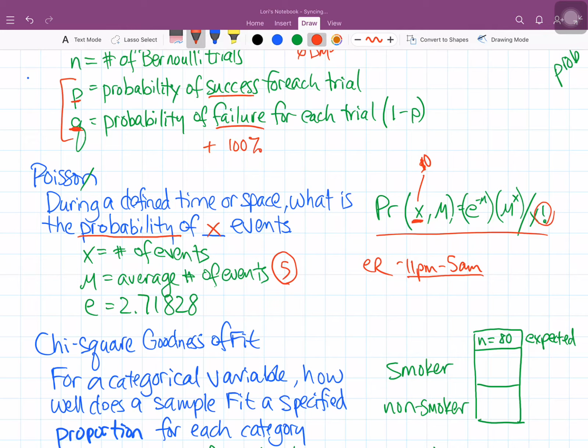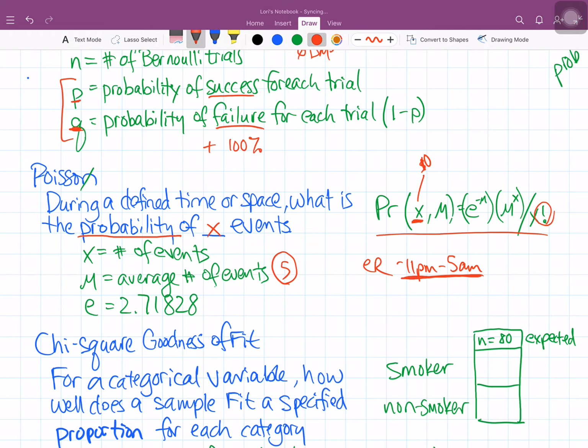One of the requirements is that the probability of each event needs to be independent, so they can't come in clumps like earthquakes do. They need to be independent of each other. One person coming to the emergency department isn't dependent on another patient coming in to be treated. So they're independent, and it's pretty constant over whatever time frame we choose.